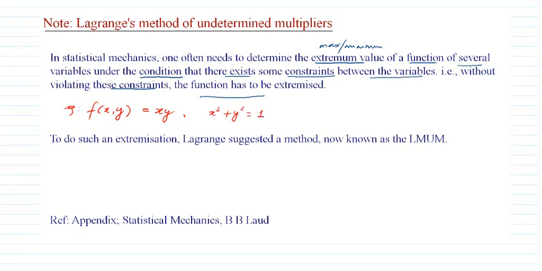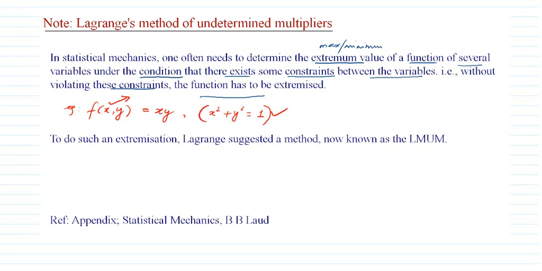Means we have to extremize the function f of xy, but during the extremization the function has to still obey this condition, whatever way you extremize f of xy, that x square plus y square should always be equal to 1. So this is not a simple extremization, because this constraint equation has to be satisfied.